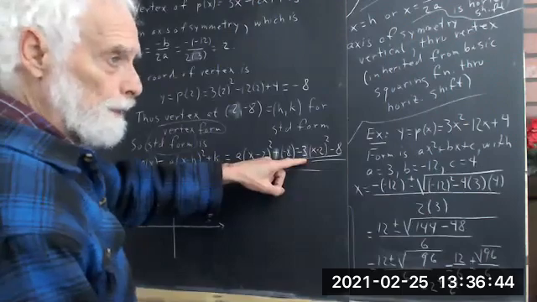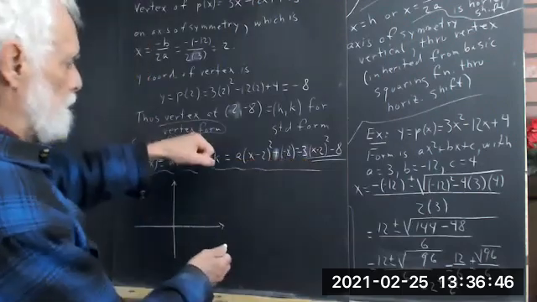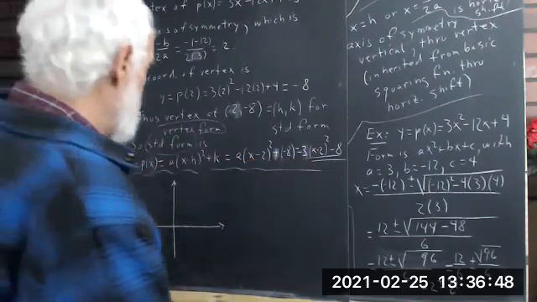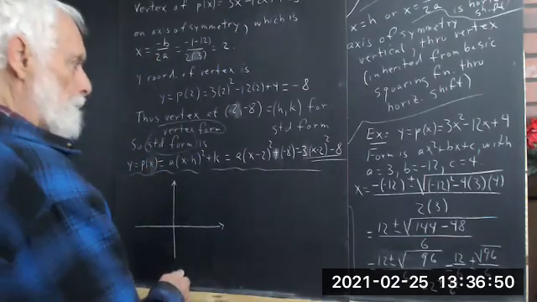That's multiplication by 3. Then you shift it over 2 units and down 2 units. Now let's see if that makes sense.